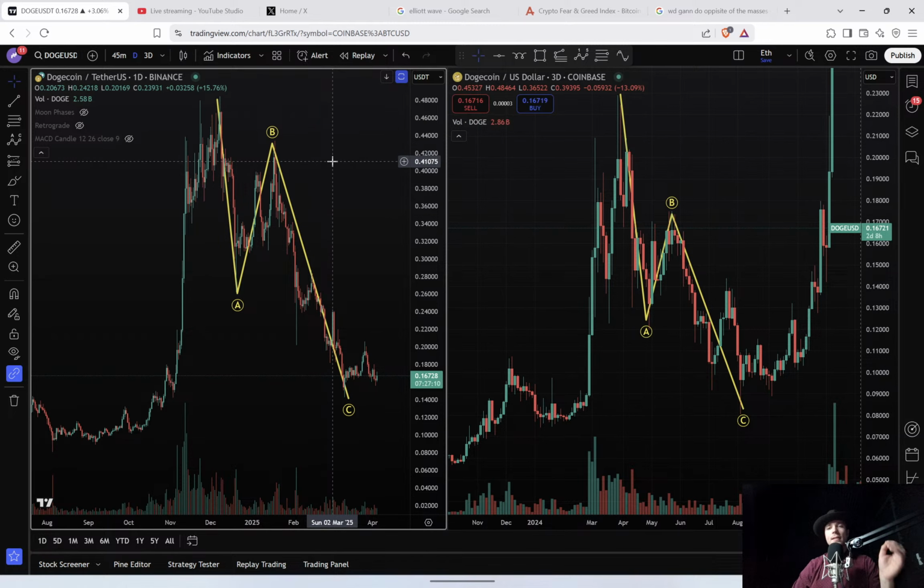Because if you can get this imprinted into your mind, you can start to make money in these markets. If you can actually learn how to remember this and start to identify this, you can be a profitable trader.